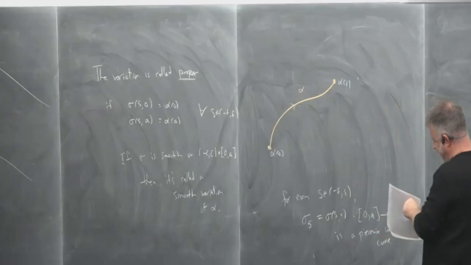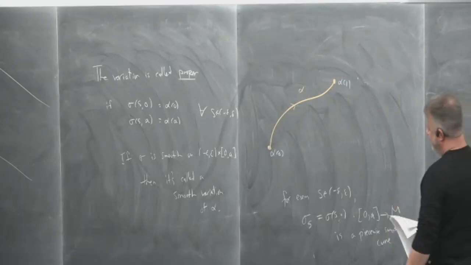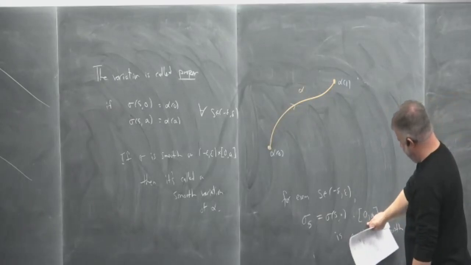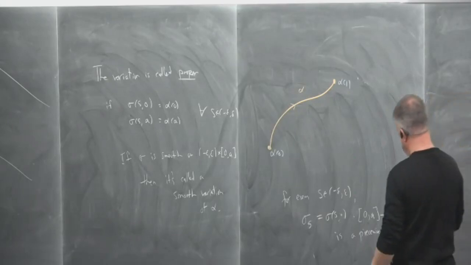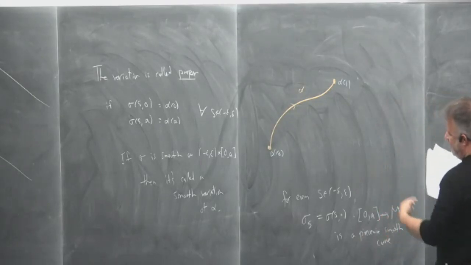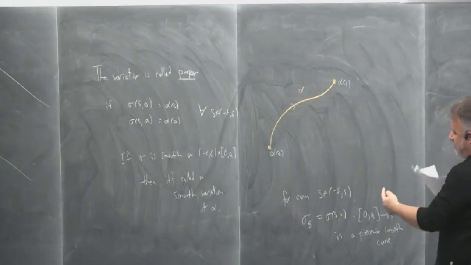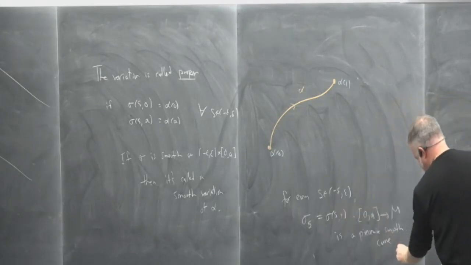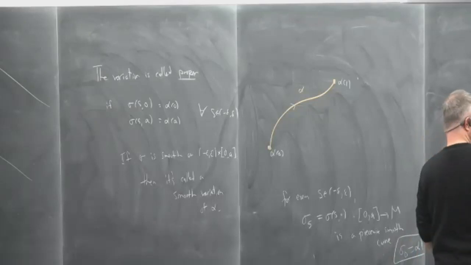I think of sigma_s, where you fix s, as being a curve with the same domain and the same places where it could potentially have a jump in the velocity vector, and so it's a one parameter family of curves that are varying the curve alpha, because when s equals 0, I get alpha. That's part of the definition.